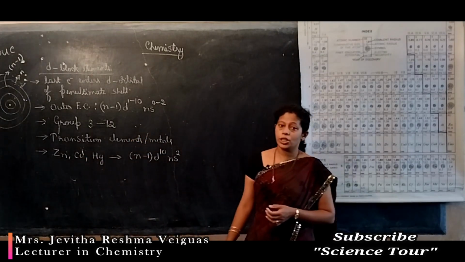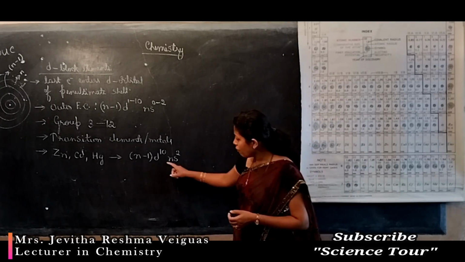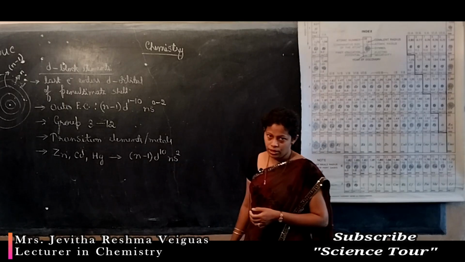Their electronic configuration is (n-1)d10 ns2, meaning they have completely filled D and S orbitals.